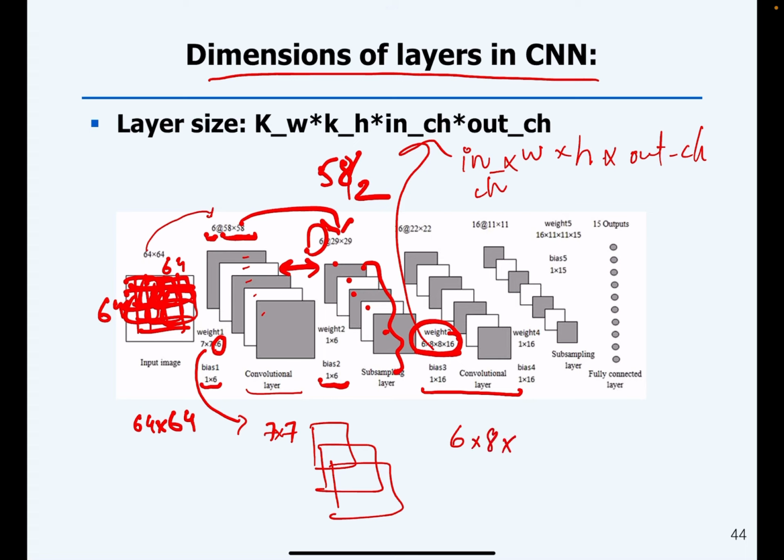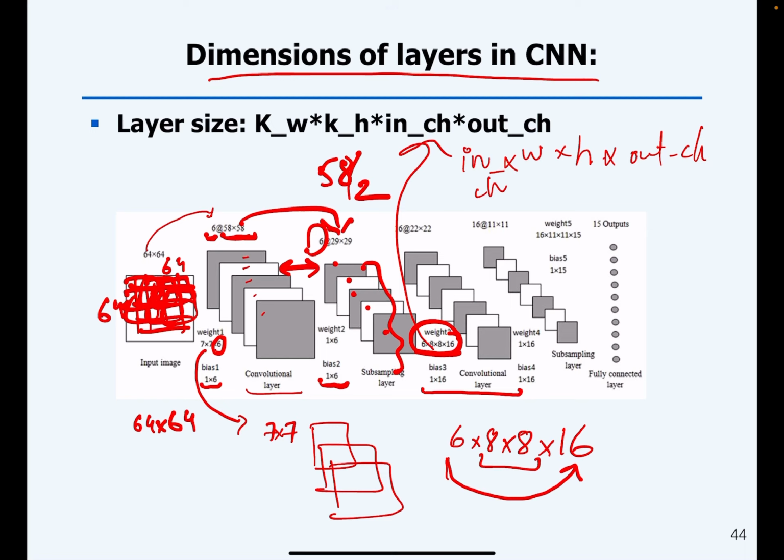Then we have a kernel of size 8 cross 8, and we are now increasing the number of channels from 6 to 16. This is what I mentioned in the previous lecture, but I think it was not clear. So we can increase the channels from 6 to 16, or reduce them.